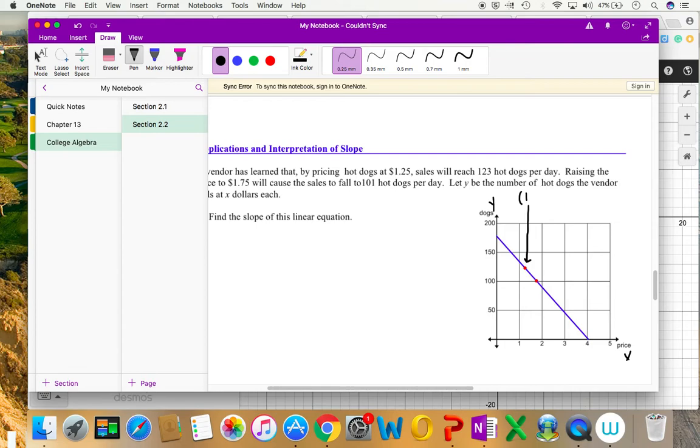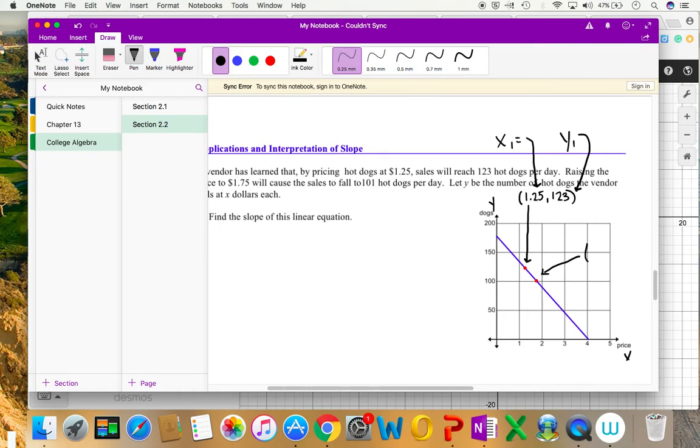My price goes first, so 1.25, comma, number of dogs is 123. So I'm going to use this as my first point. So x1 is equal to 1.25, whereas y1 is equal to 123.